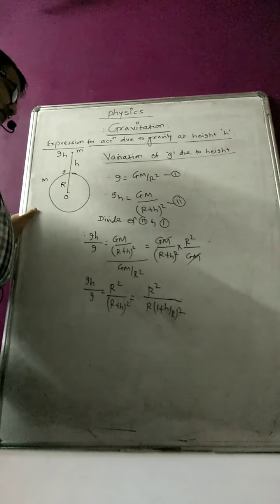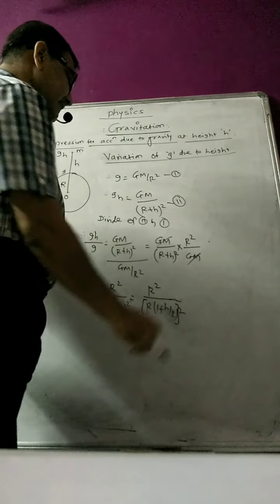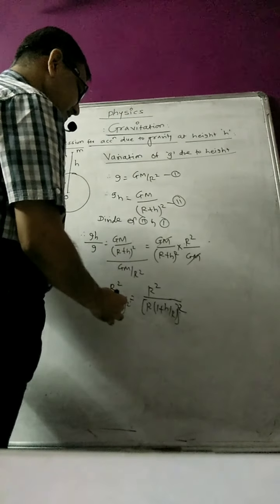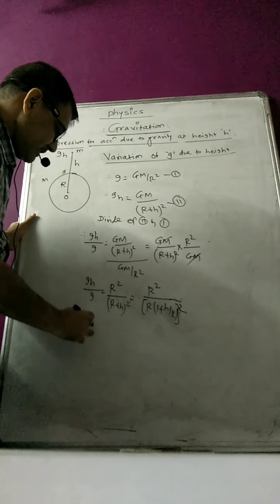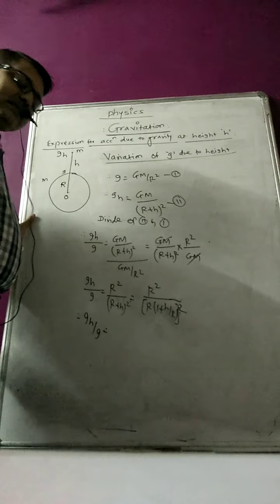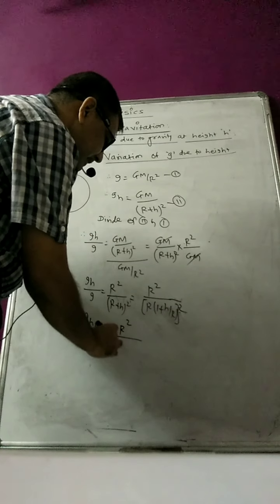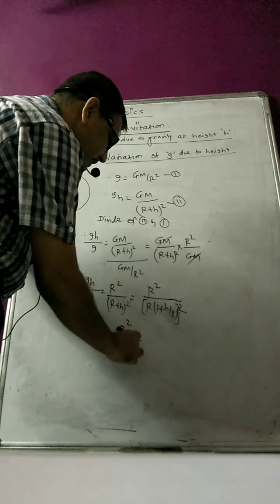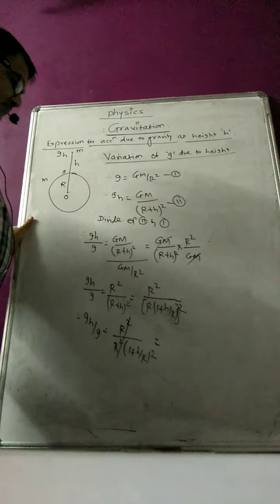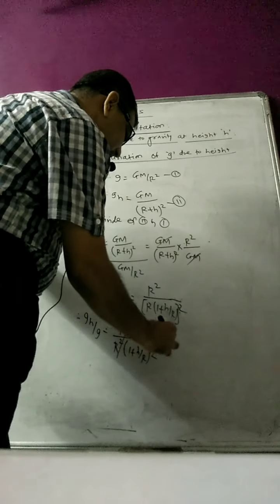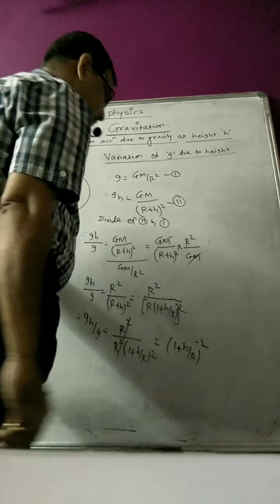R we can take common, so g_h upon g is equal to R square upon R square into bracket 1 plus h by R bracket square. R square will get cancelled, and so this expression becomes g_h by g is equal to (1 plus h by R) raised to minus 2.